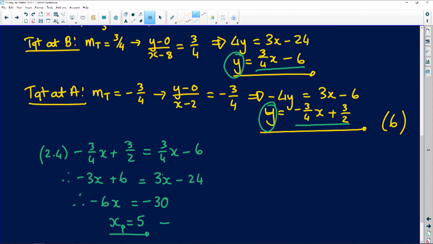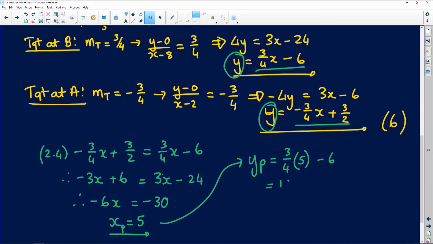How do I find the y value? I go back to one of the equations. Try the one with the least negatives or the least fractions in it, so you don't stumble over the fractions. So here, for the y value of P, I'm going to use the top one. I'm going to say it's 3 over 4 times 5 minus 6.